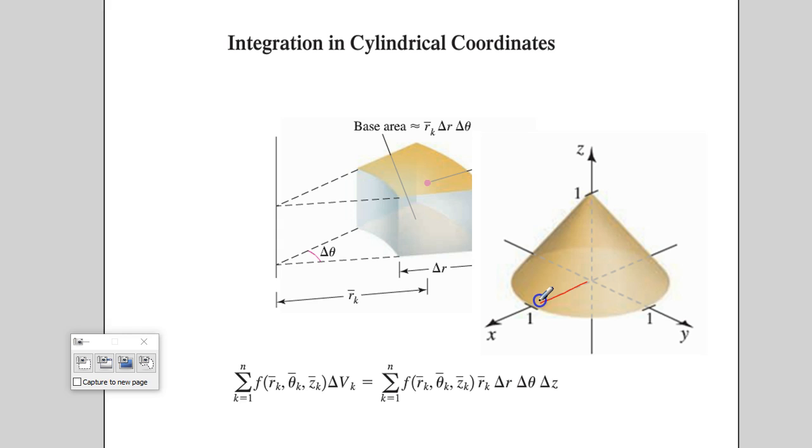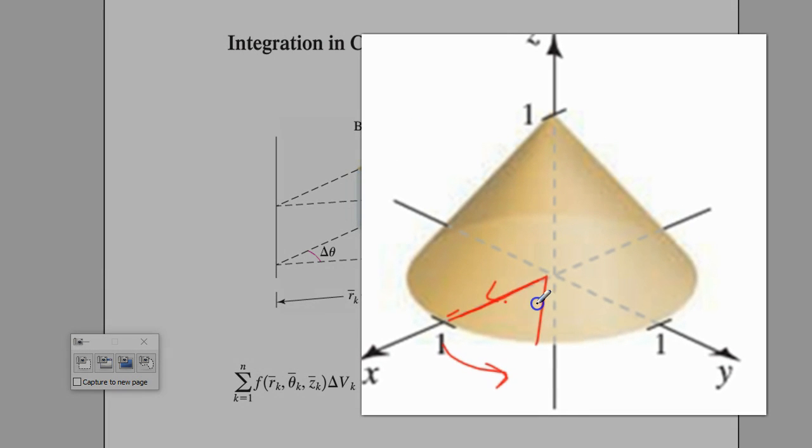Instead, we're doing it with polar, rotating around this way. So we're creating these wedges, these sectors, and if r changes, it's going out from the origin. So we're talking about a wedge like this, and then we're going up until we hit the curve.